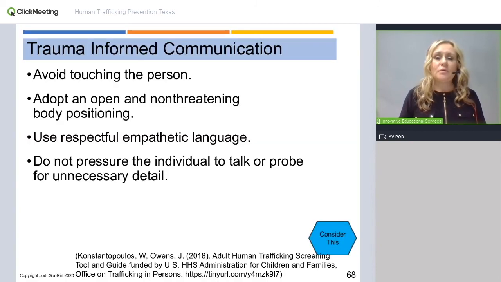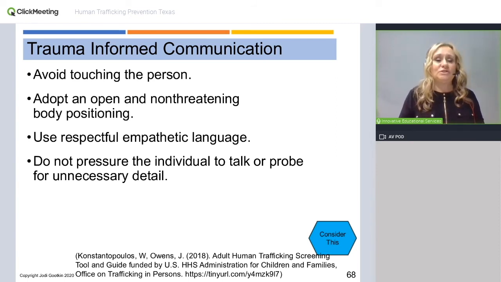In healthcare, we tend to need to touch our patients. We need to be close to them. For individuals who are victims of trafficking, using that trauma-informed approach and communication, we need to recognize that bringing up questions and ideas related to their situation may evoke physical and emotional responses. By touching the individual, they may have only experienced negative touch, and that may come as a threat, not compassionate as we intend.